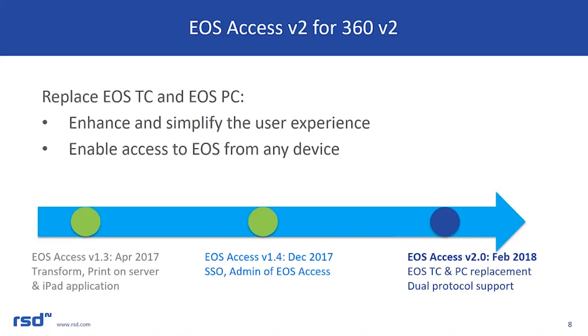Version 1.4 has a targeted availability for December 2017, not very far away, and will include support for SSO, single sign-on with SAML, and also include environment admin functions that are currently part of the thin clients.